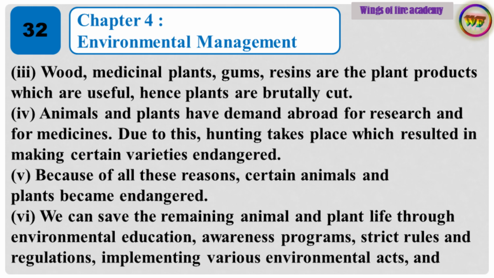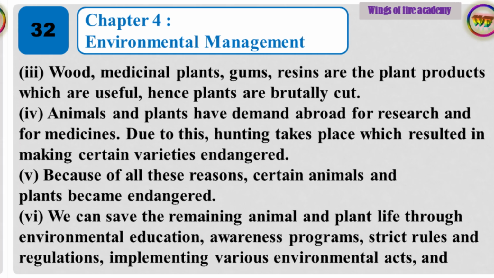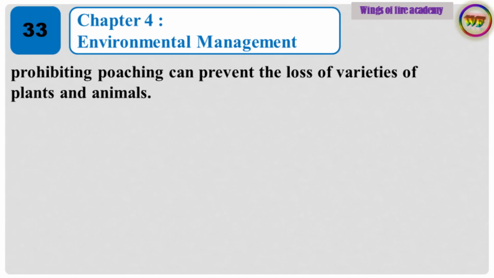Point 6. We can save the remaining animal and plant life through environmental education, awareness programs, strict rules and regulations, implementing various environmental acts, and prohibiting poaching can prevent the loss of varieties of plants and animals.